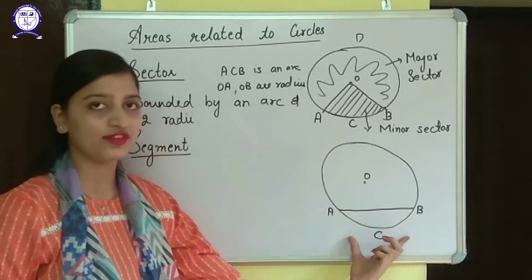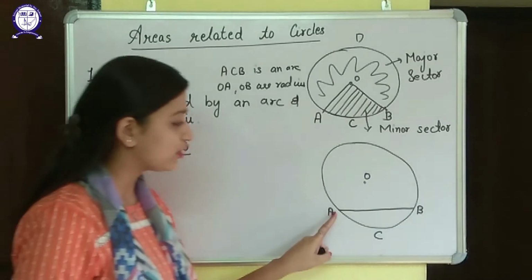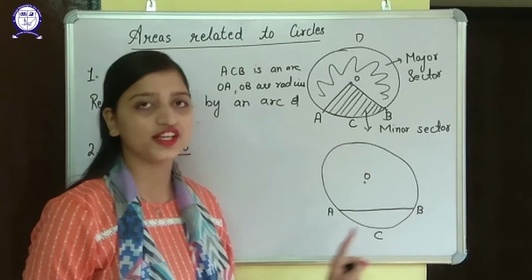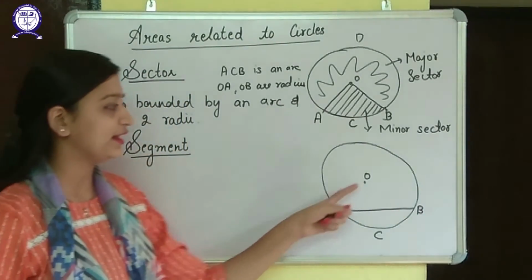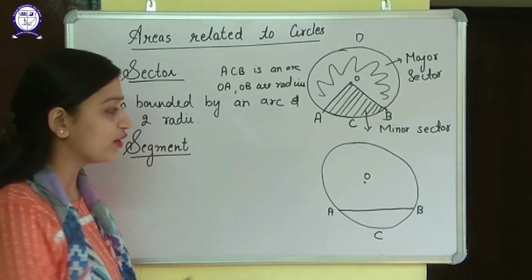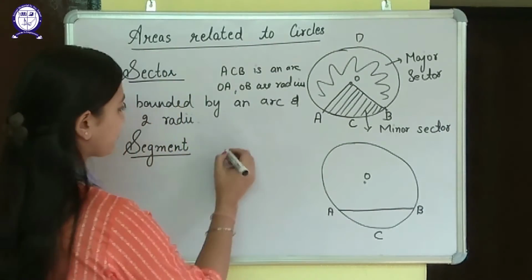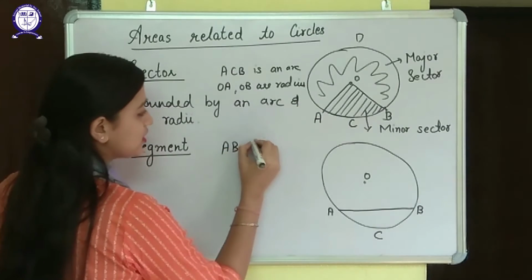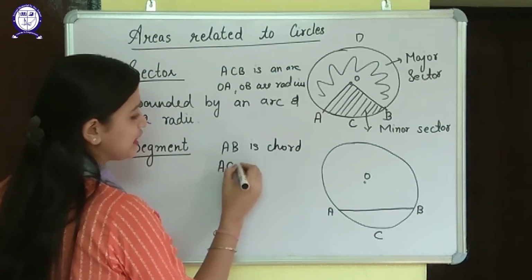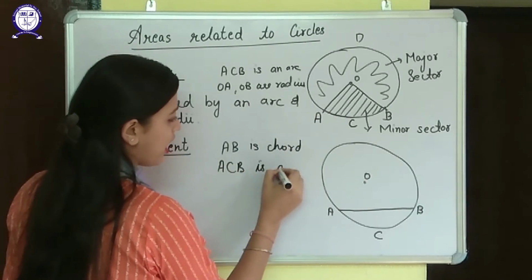But in this figure, I have joined the end points of this arc ACB with each other. We have not connected it with the center. We have connected them with each other. Now this AB is a chord. Okay, AB is a chord of a circle and ACB is again an arc.